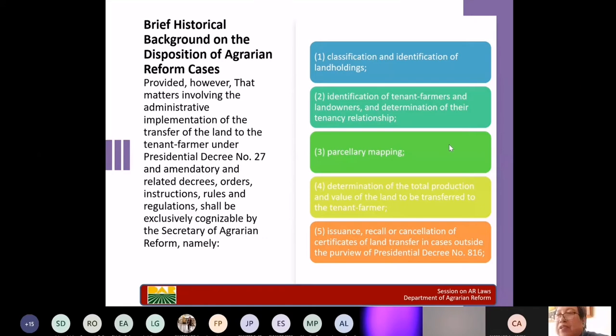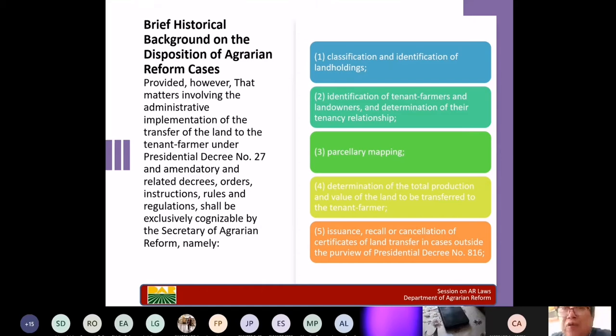However, while PD 946 gave courts of agrarian relations the jurisdiction to adjudicate disputes involving rights and obligations of our farmers, not only on their lands under their cultivation, but also involving the rights and obligations in the implementation of the program, those issues involving the strict implementation of the program, which at that time is PD 27, and there is no CARP yet in 1976, those issues involving the administrative implementation of PD 27 were given to the Secretary of the Department of Agrarian Reform and not within the jurisdiction of the Courts of Agrarian Relations.